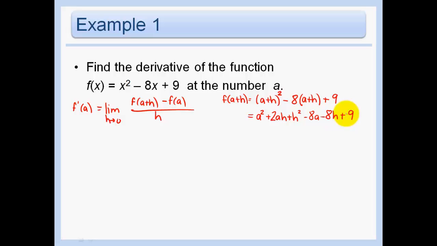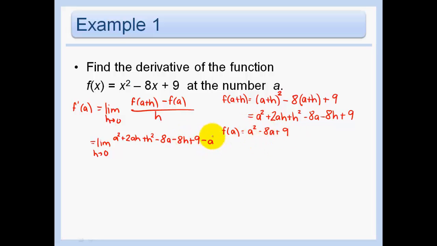Okay, and f of a, of course, is just going to be a squared minus 8a plus 9. So let's just plug that in. So we have the limit as h approaches 0 of a squared plus 2ah plus h squared minus 8a minus 8h plus 9 minus this whole thing.